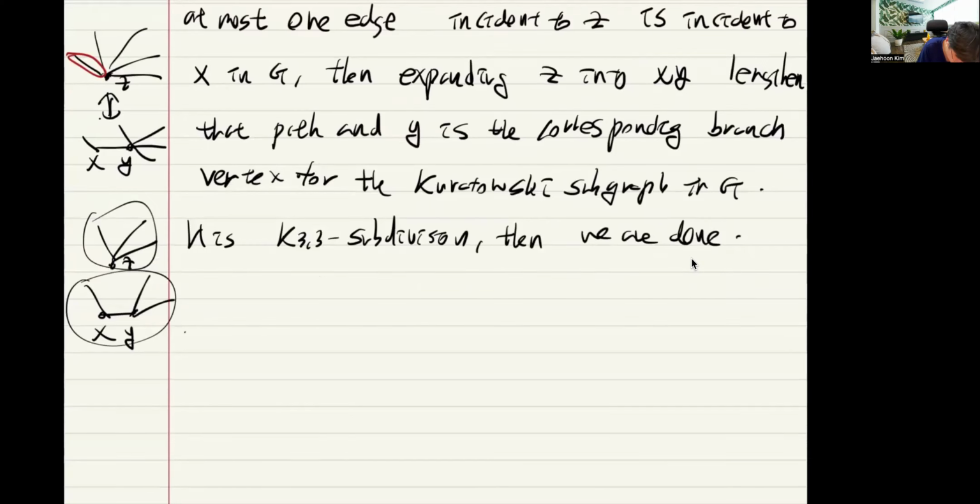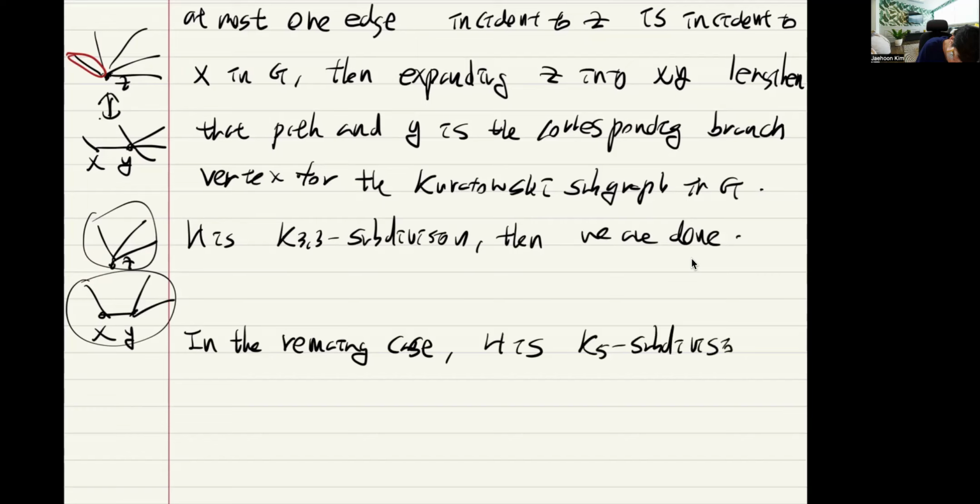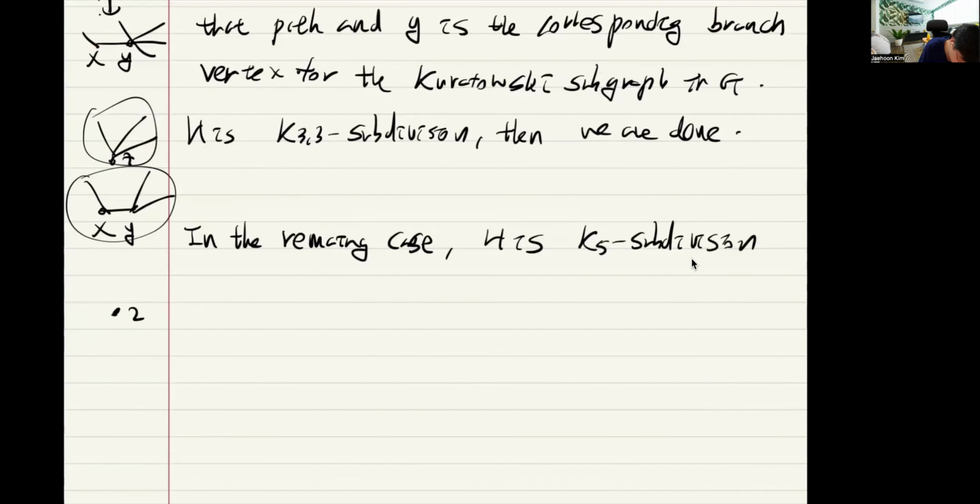So in the remaining case, H is a K5 subdivision. The only possible case is v has these 4 edges, and then in X and Y, you have 2 and 2. It's well distributed.